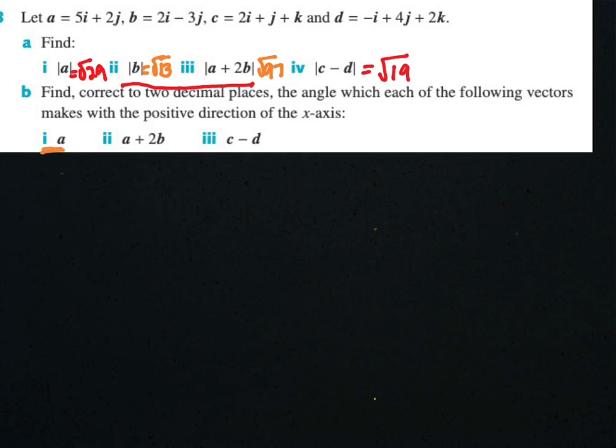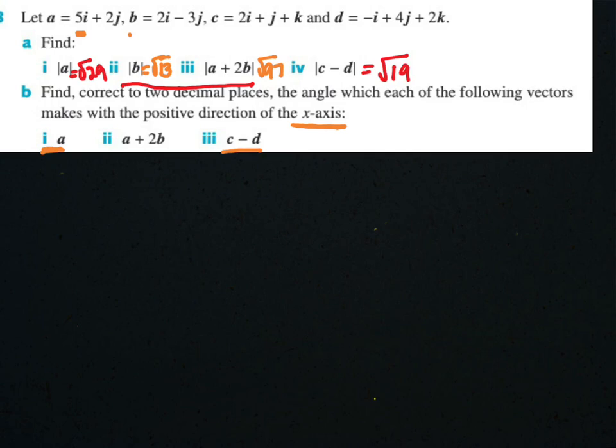Again, I will do the one relating to vector A and the one relating to vector C minus D. Okay, what have we got? Well, we're interested in the angle that's made with the x-axis. So really it is the i component that I am going to be interested in.